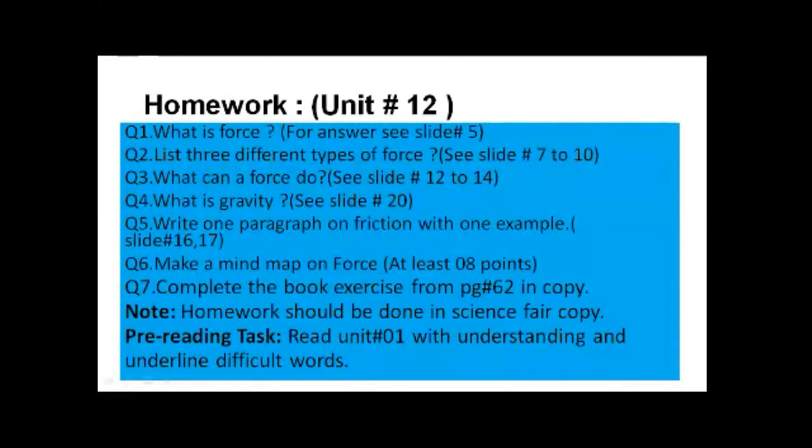So read unit number 1 with understanding, and if you find difficult words, you can underline them. This is your today's homework. Please take a screenshot.